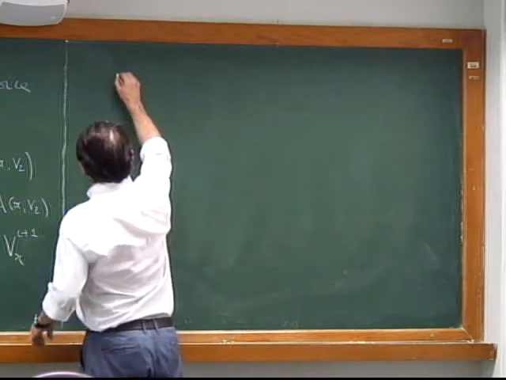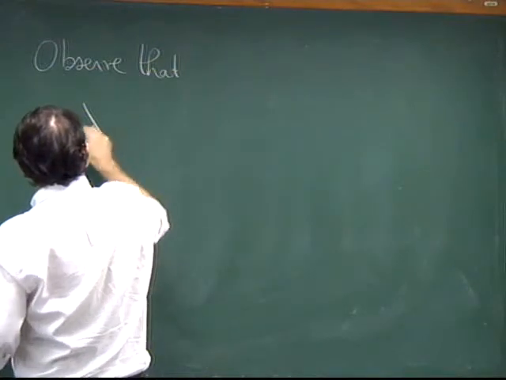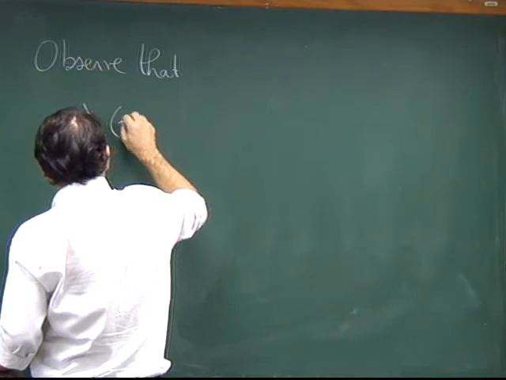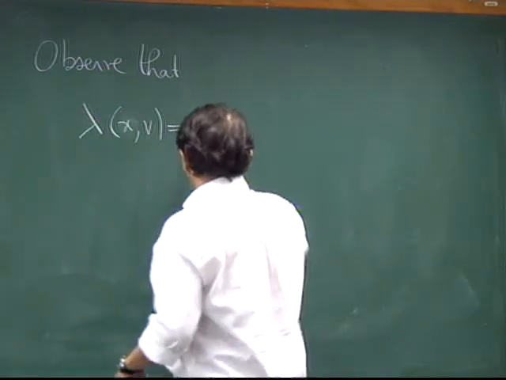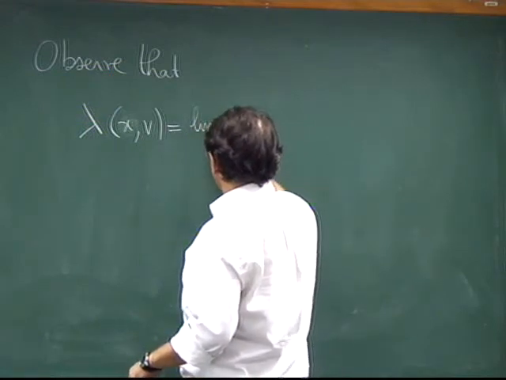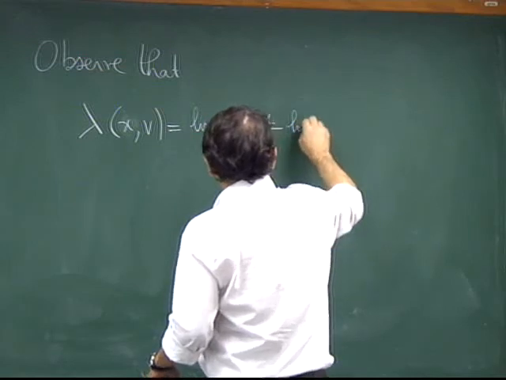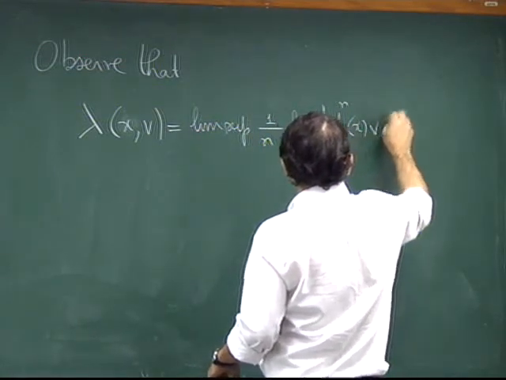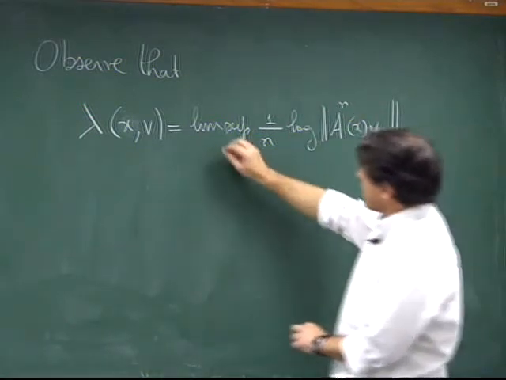So observe that lambda of x, v is the lim sup of 1 over n log of norm of A^n(x) v. Okay.